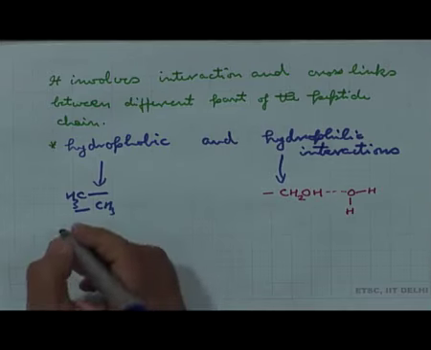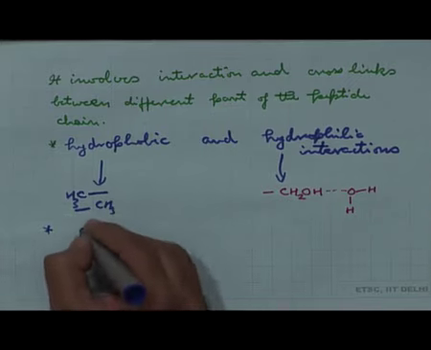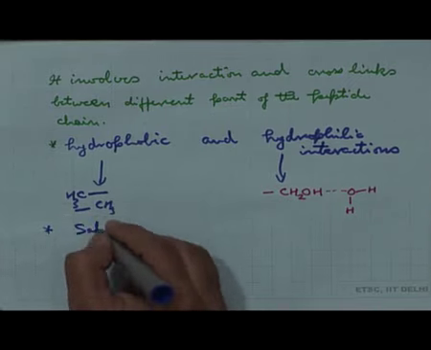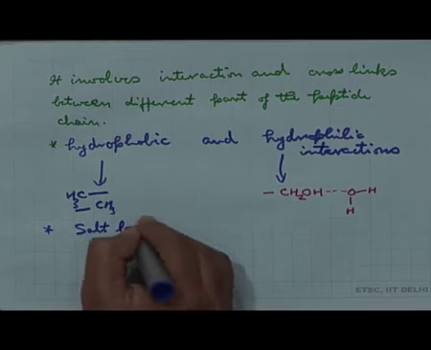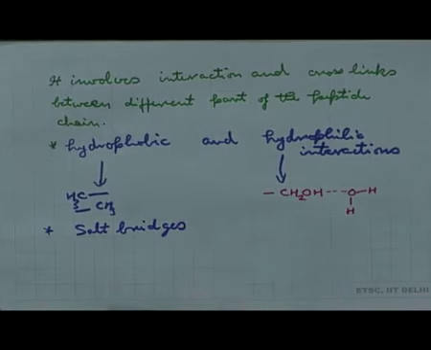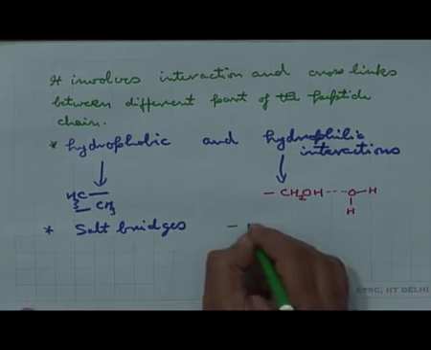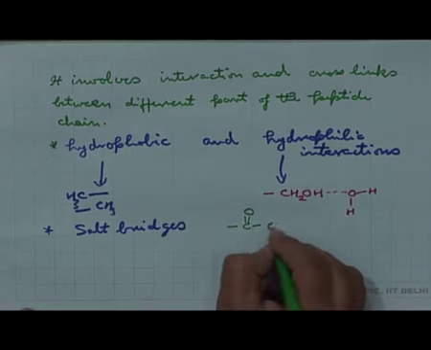This is also a stabilizing interaction. Then second is salt bridges. Salt bridge formation is also a stabilizing interaction. So, what is a salt bridge? Salt bridges form if you have a carboxylate group in the peptide chain.